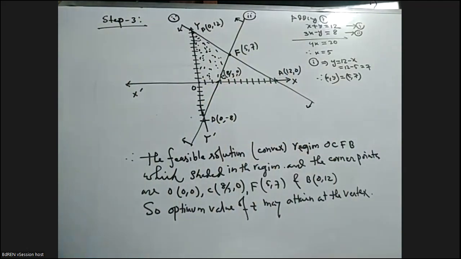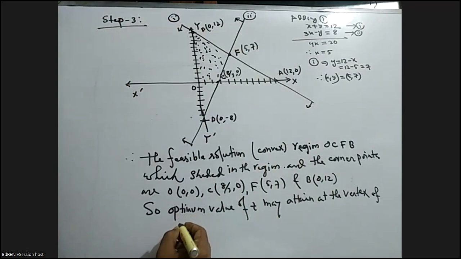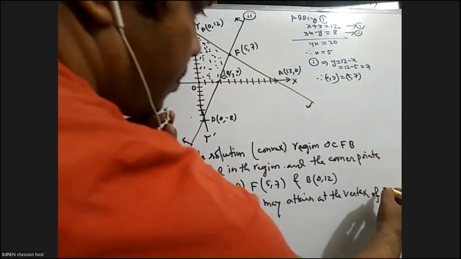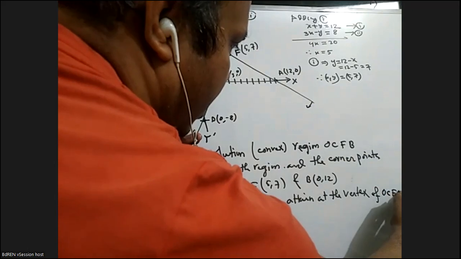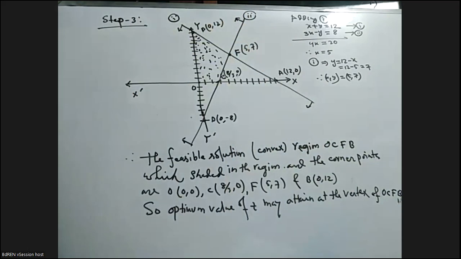Vertex or corner points of what? This whole OCFB polygon. OCFB. This region. So now step 4.